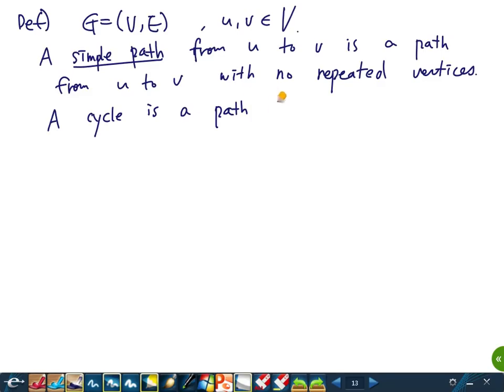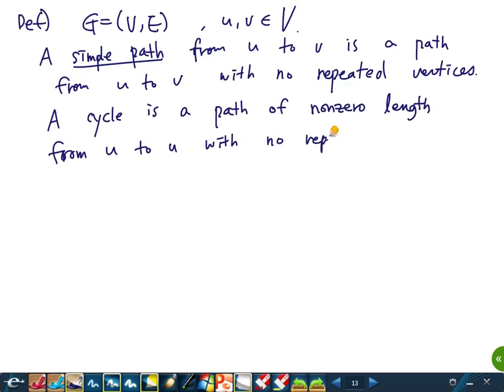So a path of non-zero length from one vertex to itself with no repeated edges. We may visit one vertex more than once, but we may not use an edge more than once.